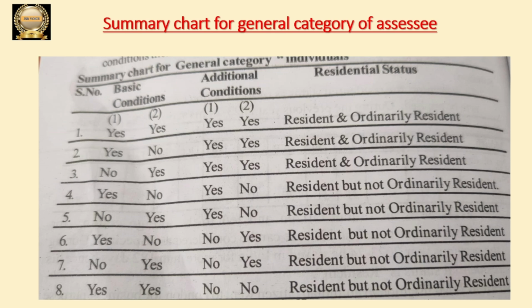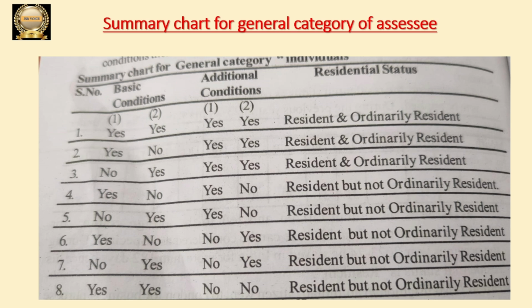So he is satisfying the first one, he will become resident. Once he is a resident, we have to apply additional conditions. See for the second person, additional conditions. First additional condition yes, satisfying. Second one also yes. If he satisfies both the additional conditions, he will become resident and ordinary resident. So you can see under residential status that is written over there.